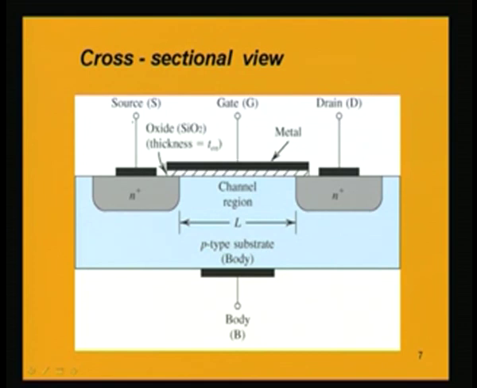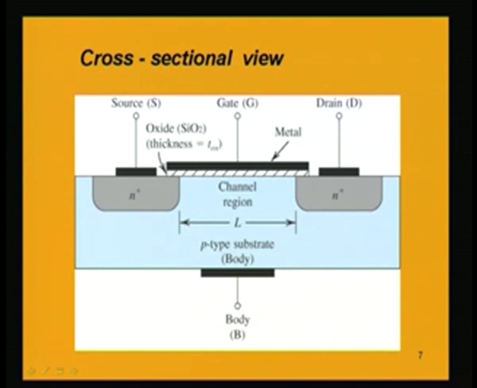So, we now have these 3 important terminals: gate, source and drain. Of course, this body terminal is just optional, that means we generally connect the body terminal to the source, but here we are just showing all the 4 terminals.